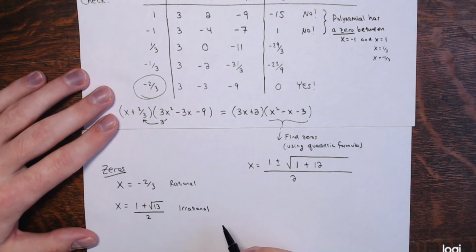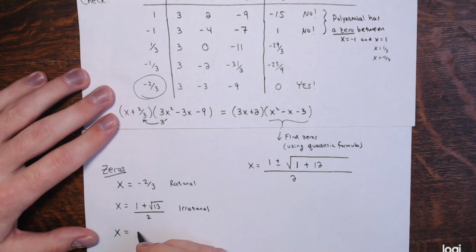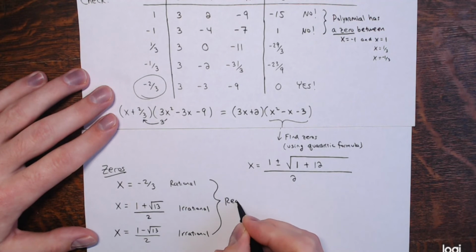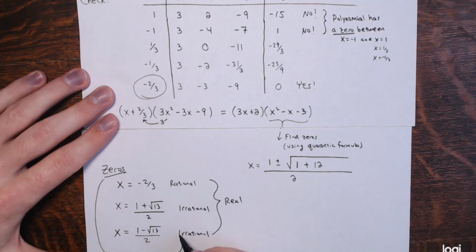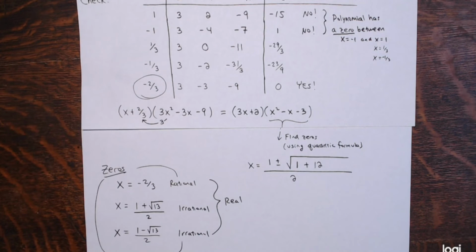There are no imaginaries here. And the other one is 1 minus the square root of 13, all divided by 2. Still real, though. It's irrational, but all these are still real numbers. So this polynomial has 3 real zeros, meaning that the graph of it will cross the x-axis 3 times at these 3 places.